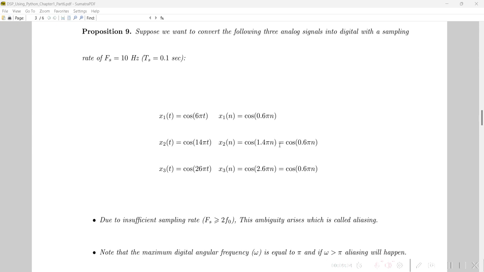In this case it will be cosine of 2 pi n minus 1.4 times pi times n, leading to cosine of 0.6 times pi times n, which is similar to the first one. Okay, so we have lost information.